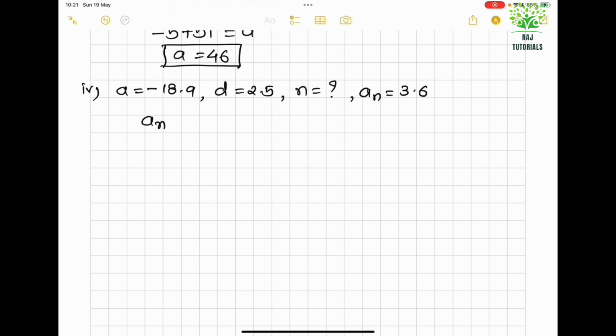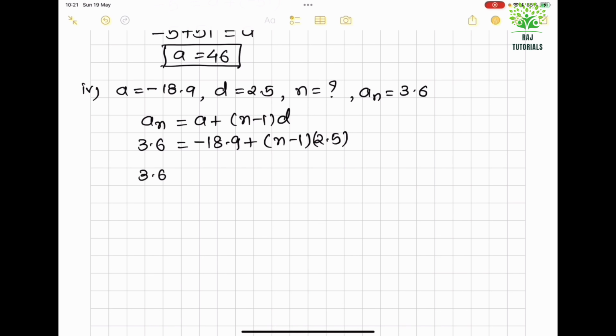Again the same formula, AN equal to A plus (N minus 1) D. So 3.6 equals minus 18.9 plus (N minus 1) into 2.5.